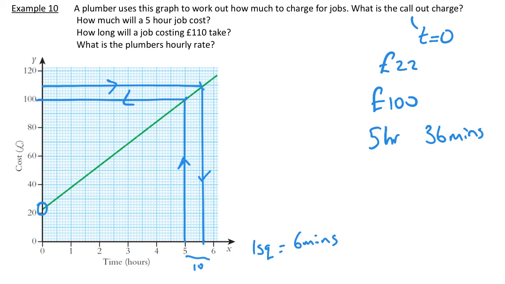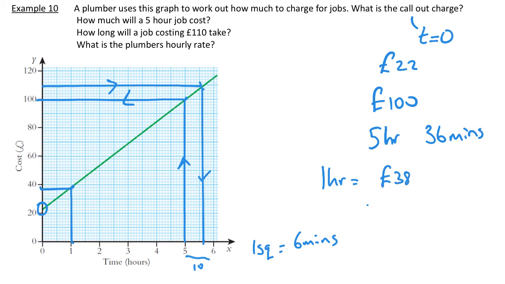What is the plumber's hourly rate? Well, if we look at the cost for 1 hour and read it over, we can see that that is £38. So 1 hour is going to be £38, but that includes the call-out fee.